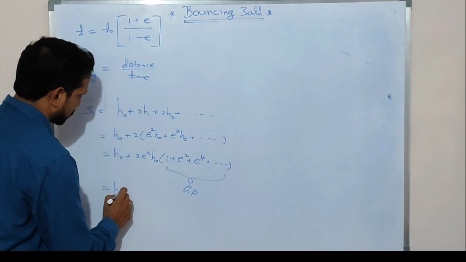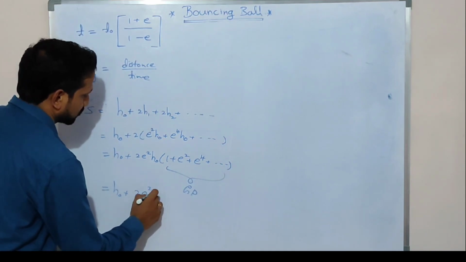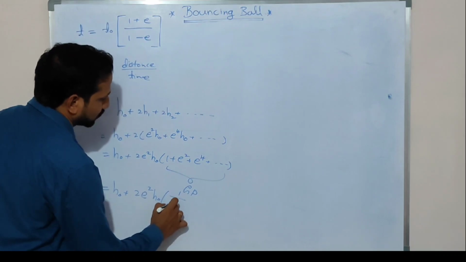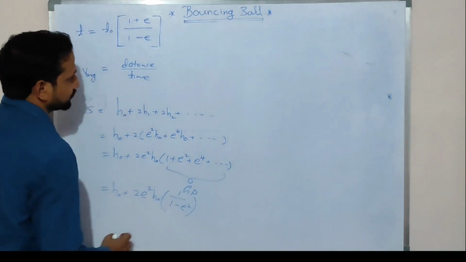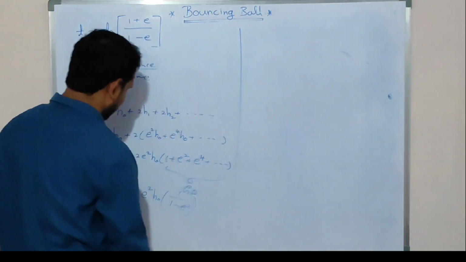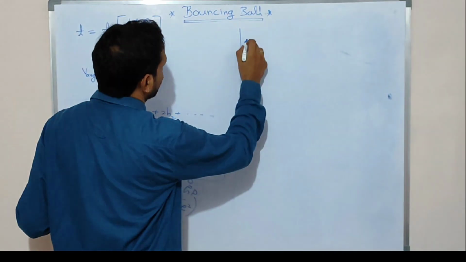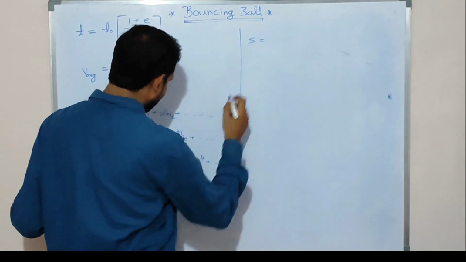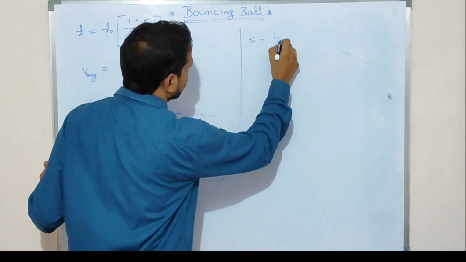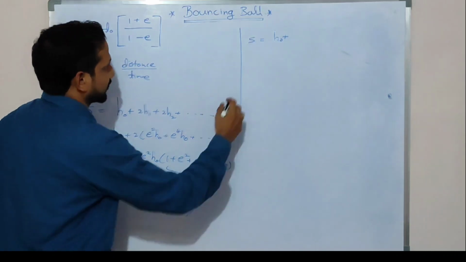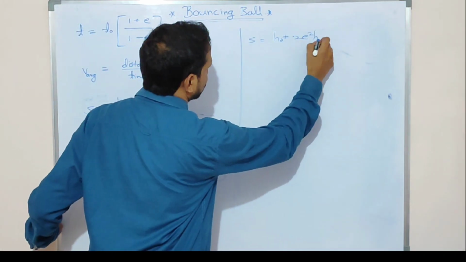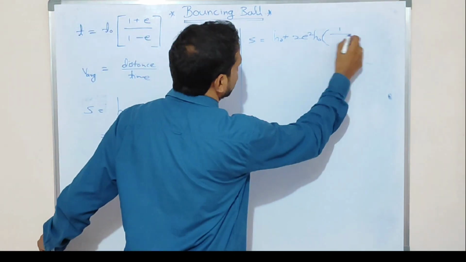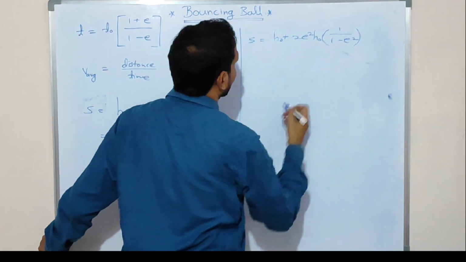So the sum of these terms will be 1 by 1 minus e square. The total distance traveled S is equal to h naught plus 2e square h naught into 1 by (1 minus e square).